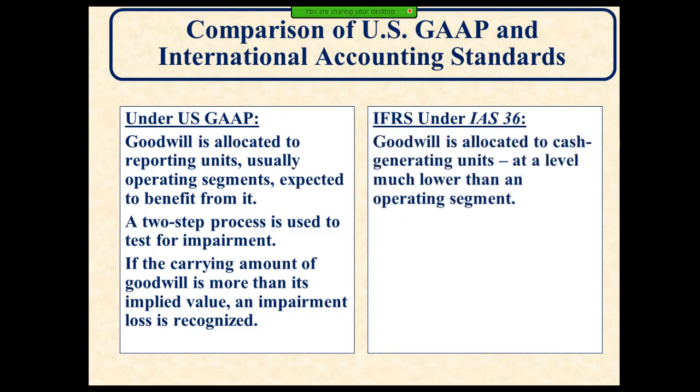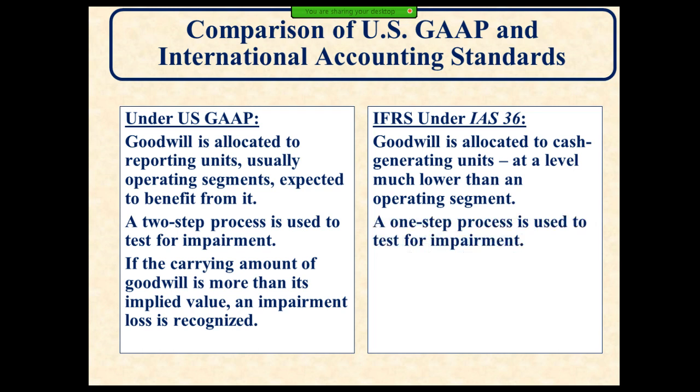But the international standards are a little different. Goodwill gets allocated to certain units that are cash generating, and they aren't required to be recognized specifically with each reporting unit as GAAP requires.